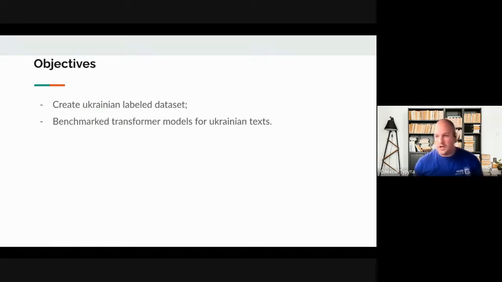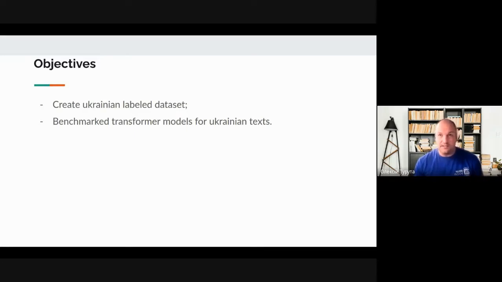Objectives of our paper: create a Ukrainian language dataset. A critical problem of a low-resource language such as Ukrainian is the lack of an unlabeled dataset for pre-training of word embeddings or large deep learning models, and of a labeled dataset for benchmarking existing methods.